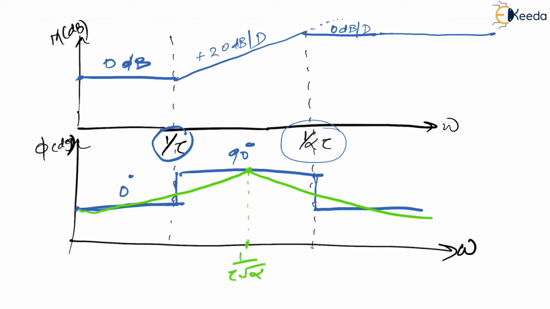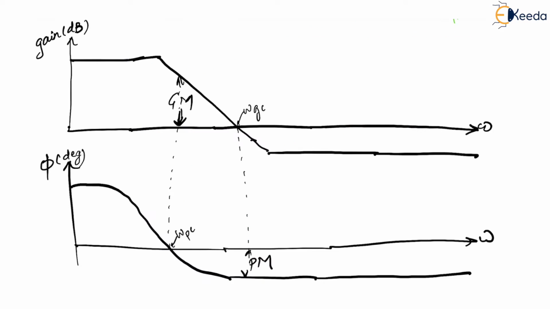What if I have the compensator here? Let me place the poles here, this 1 by tau and this 1 by alpha tau. Let me place the compensator between these frequencies 1 by tau and 1 by alpha tau.